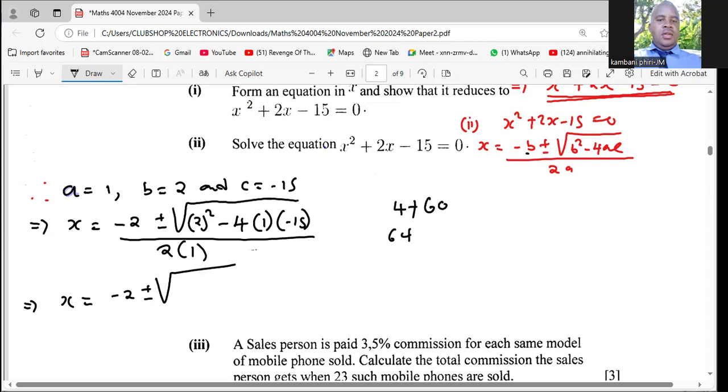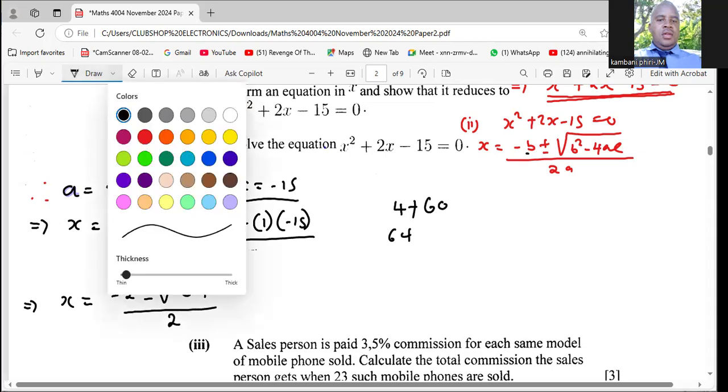We are saying 2 squared minus 4 times negative 15. So you have your 64 here divided by 2.